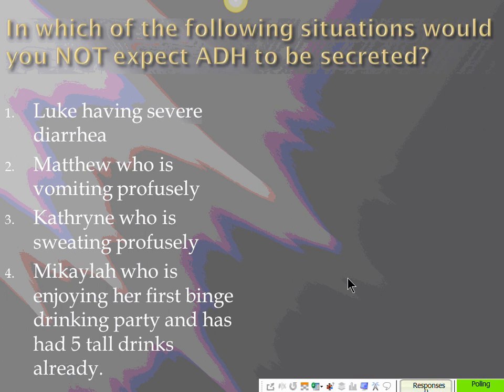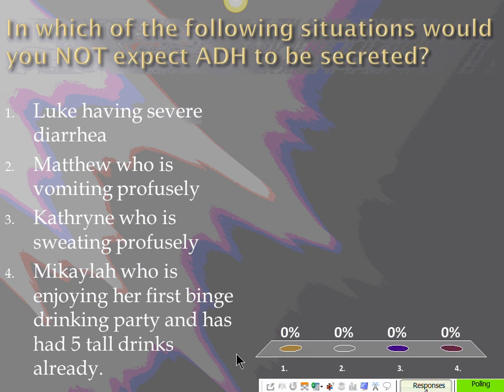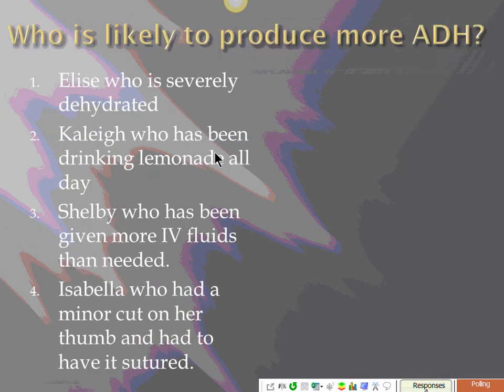In which of the following situations would you not expect ADH to be secreted? Excellent, yes, because alcohol by itself, and even if she was just drinking a lot of lemonade, just fluid, it won't be secreted then.